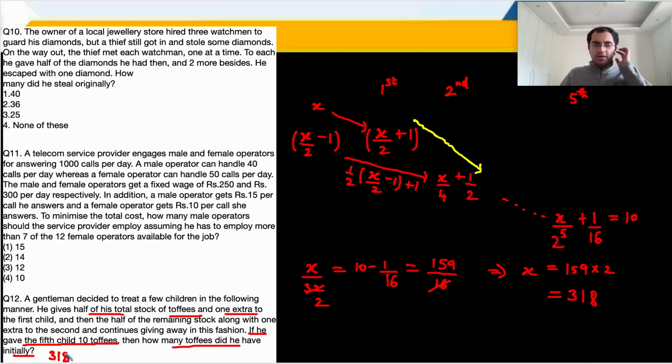318. So what we realize is that the right approach towards efficient solving can save us a lot of time. Otherwise, it might take you much more time and you might not even be able to solve this question. And the last question that you should have done was question number 11.